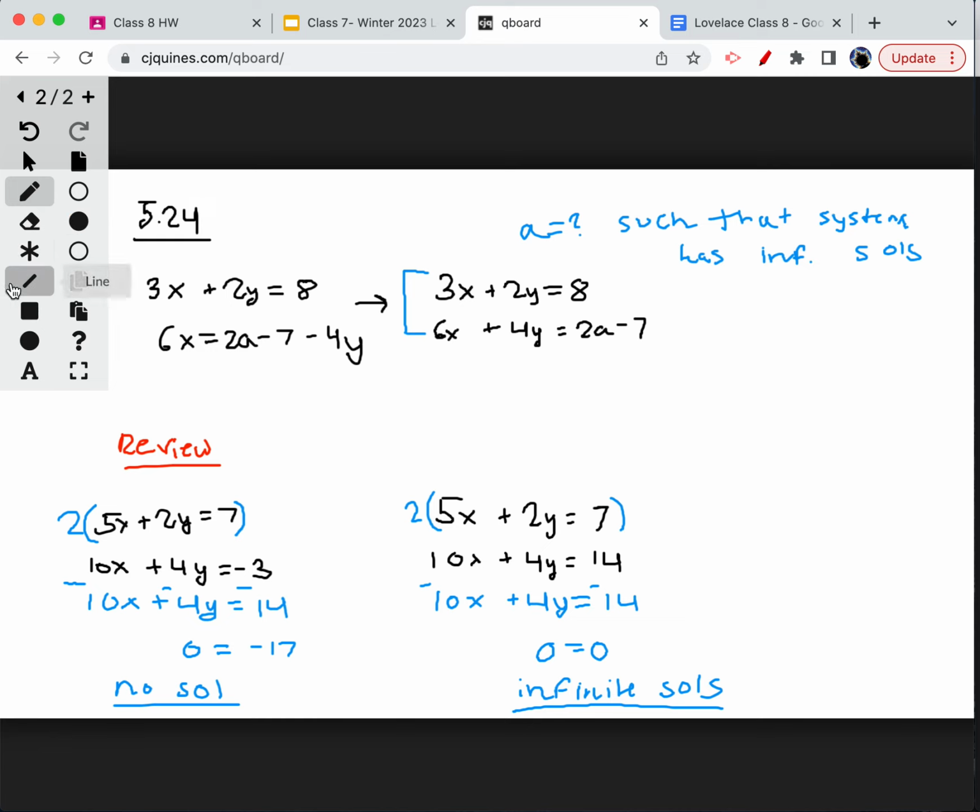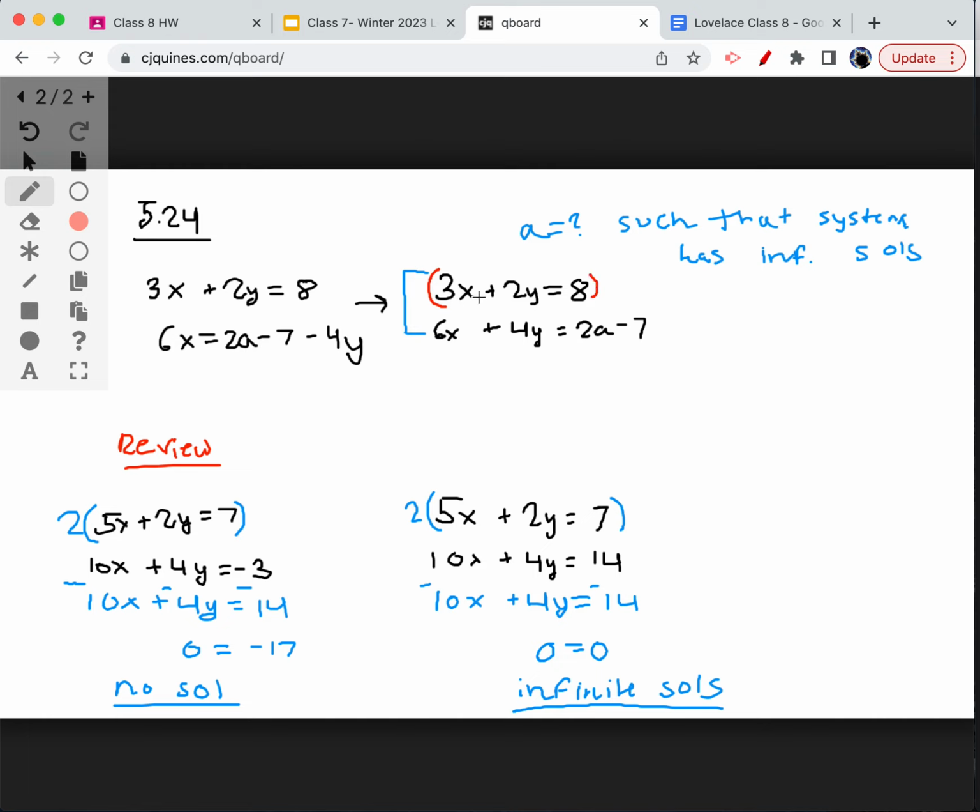So I think that's right, but we'll just go over this method we used, which is basically the same thing as what we did in the review. So we have this system of equations, 3x plus 2y is equal to 8, and 6x plus 4y is equal to 2a minus 7. So we see that this would probably be easiest to solve with elimination.